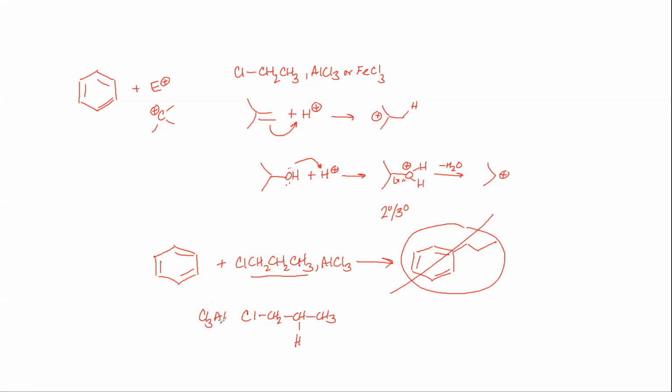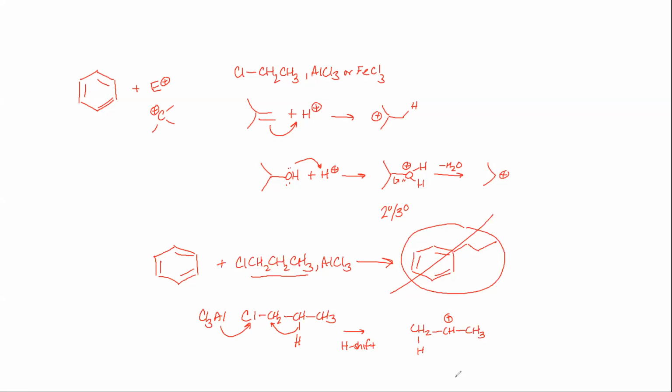the aluminum will come in and pull the chloride off, but then this hydrogen will shift over. So you'll end up doing a hydride shift to form the secondary carbocation.